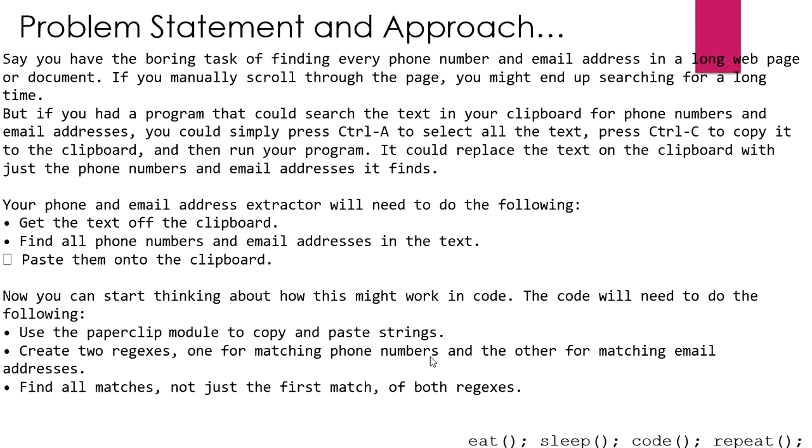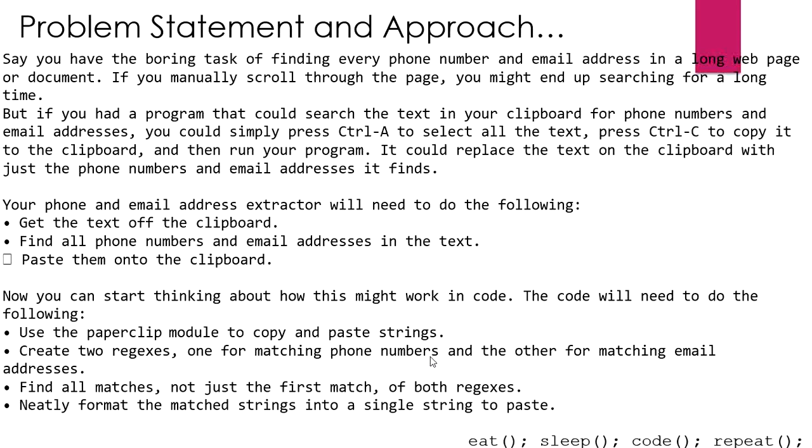So we are not going to use group, because group matches just the first thing it found. We're going to use findall for that, of course. So we're going to find all the matches, not just the first match, of both regexes. Now we're going to neatly format the matched strings into a single string to paste.